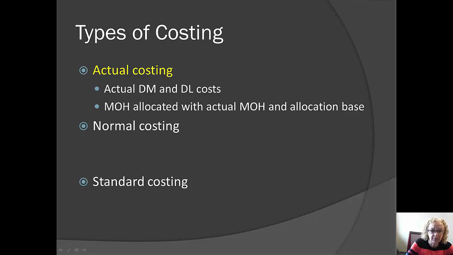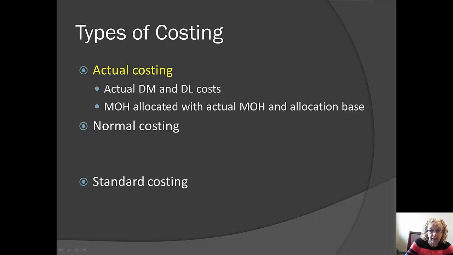The problem with this method is it takes time before the firm can determine what was their total overhead and what was the total amount of the allocation base, either direct labor hours or direct labor dollars or machine hours. Very few firms attempt to use actual costing.